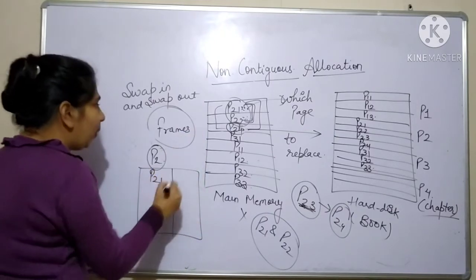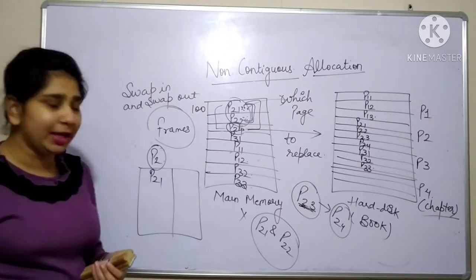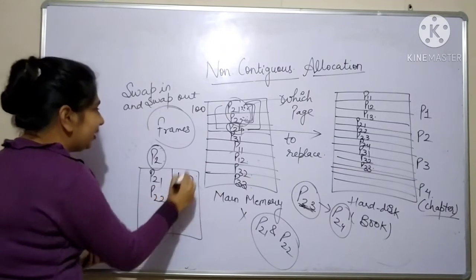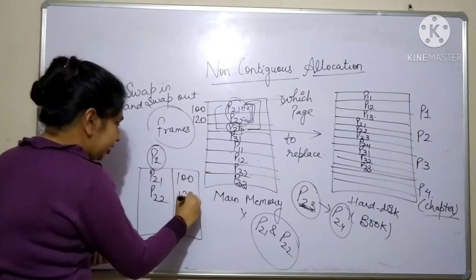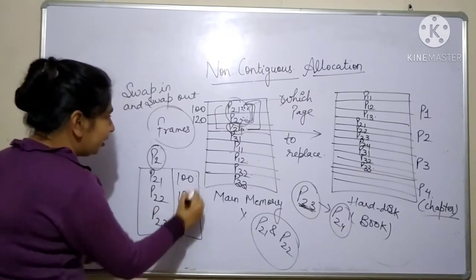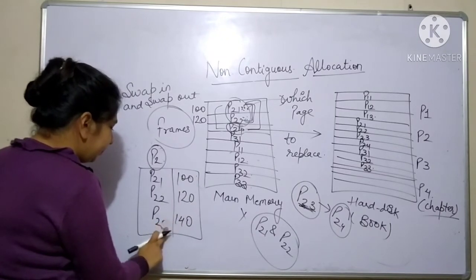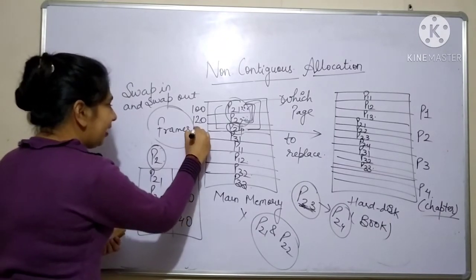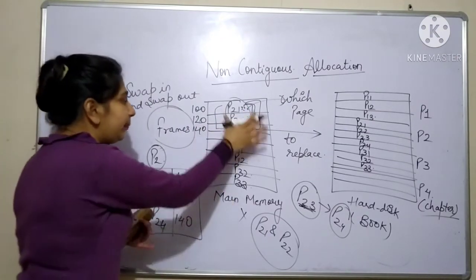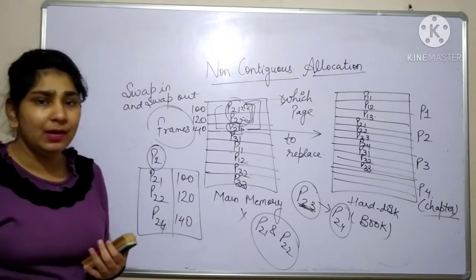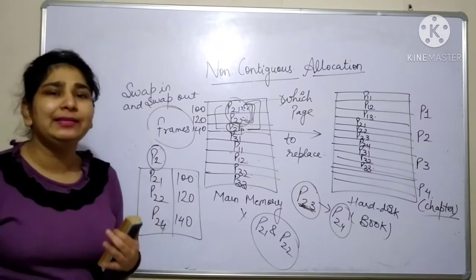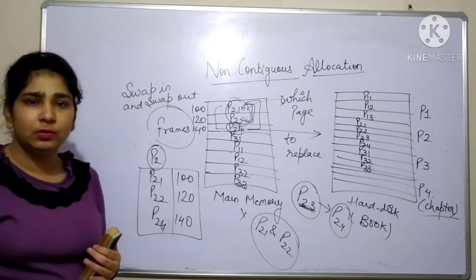Like page P21 is present at memory location 100, and page P22 is present at this memory location, and page P23 is present at this memory location, and so on. Wherever a page of process P2 is present, when your CPU needs some instruction number, how will you provide that instruction to the CPU?